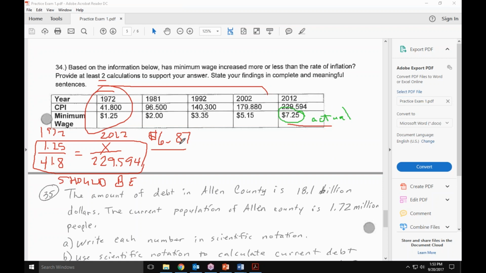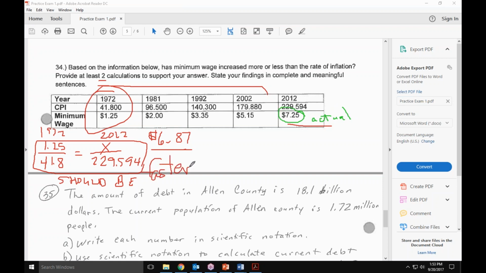Well, that's an easy no because these numbers are not the same. So now you have to decide, did it increase faster or slower than inflation? Exactly with inflation, it would be $6.87. It's actually $7.25. So did it go faster or slower? Faster, exactly. So that's what this one shows.